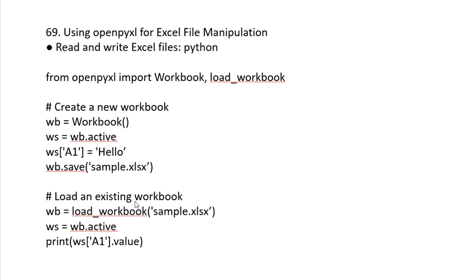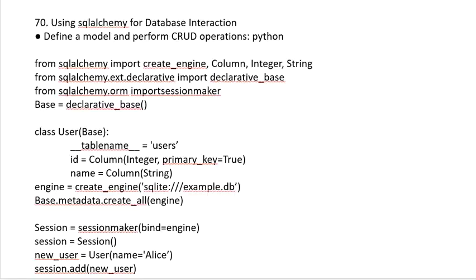Load the existing workbook: wb = load_workbook('simple.xlsx'), ws = wb.active, and print(ws['A1'].value).